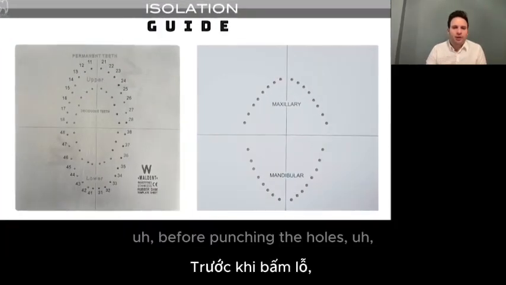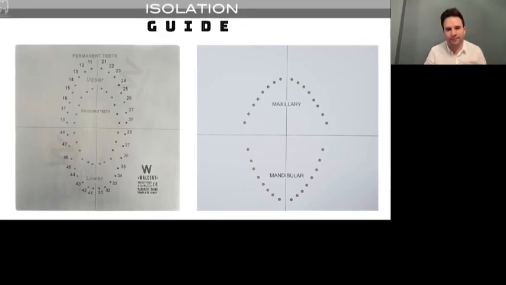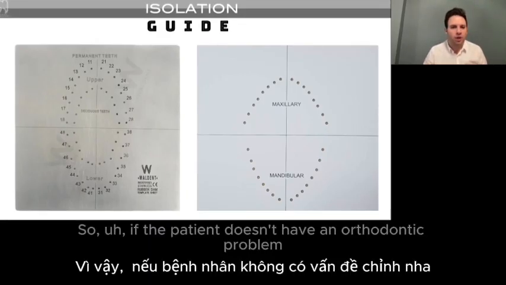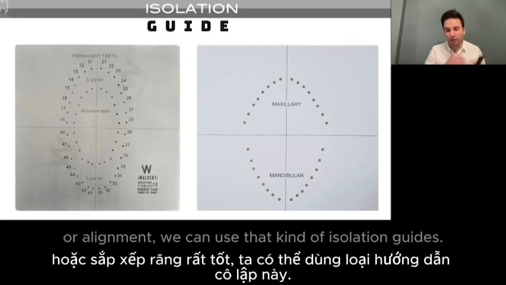Before punching the holes, we should decide where the teeth are located. If the patient doesn't have any orthodontic problem, and if they have very good occlusion or alignment, we can use those kinds of isolation guides.